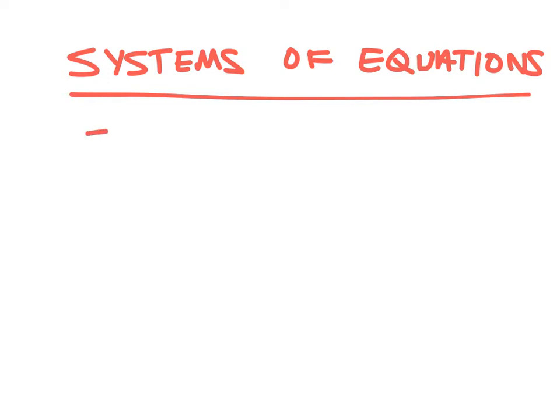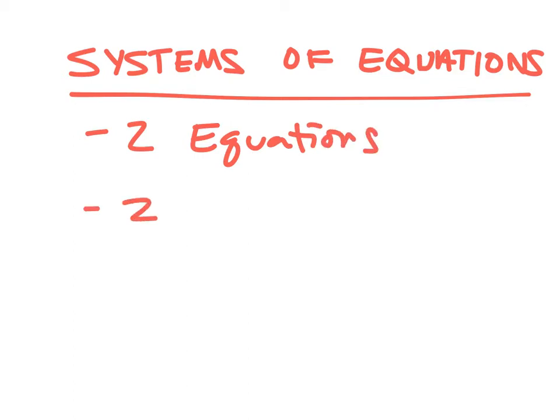So what you have is 2 equations, and you have 2 variables. Okay, and I'll go through the examples explicitly on how I solved them from the problem, but I do want to just talk about this in general, okay?